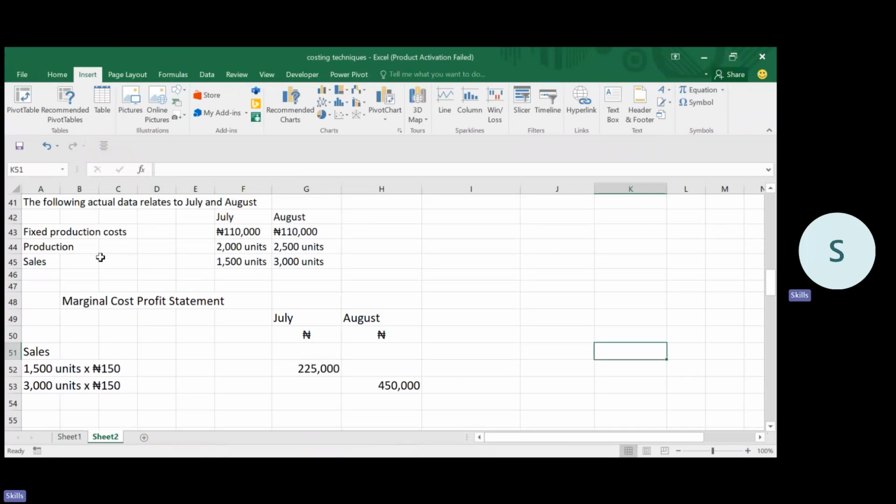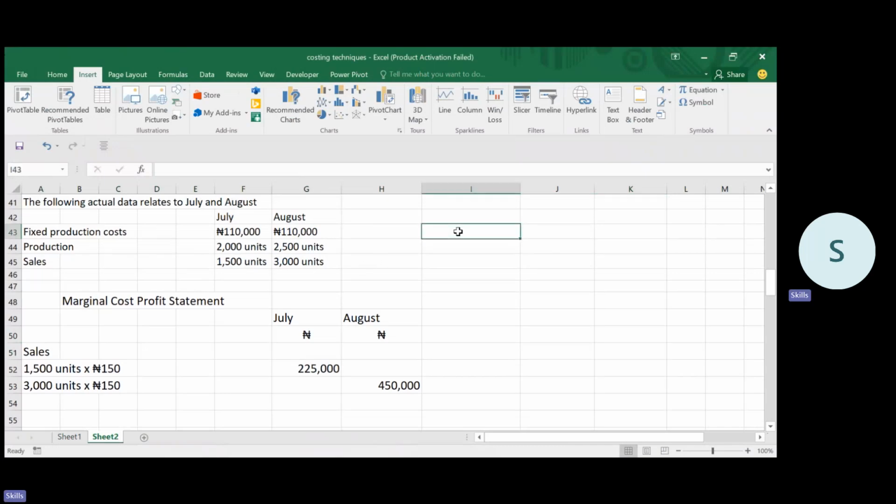Then the total production for July is 2,000 units. And out of this 2,000 units in July, 1,500 were sold.